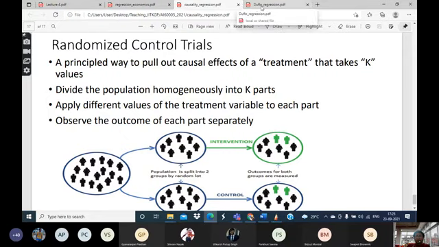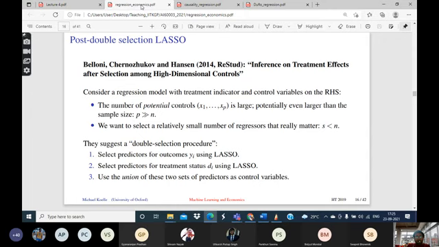Now let us come back to the question which we were studying earlier, the question of treatment. As I already said, there are a large number of controls. All the factors that we did not consider but could have played an important role in whether COVID is spreading among the different populations, let us call those the controls.